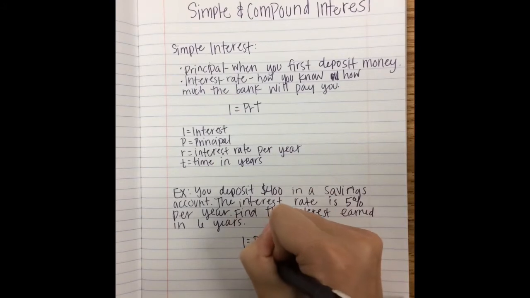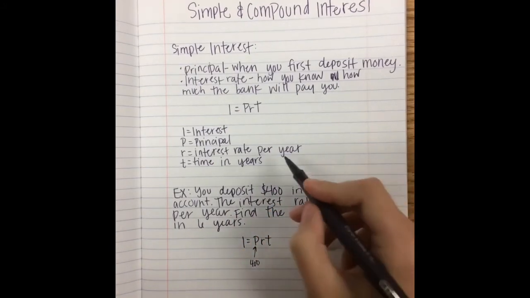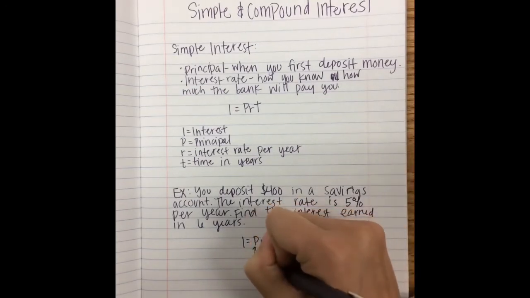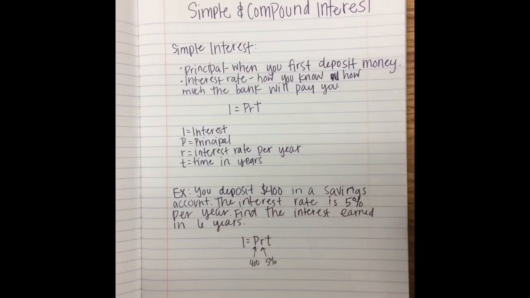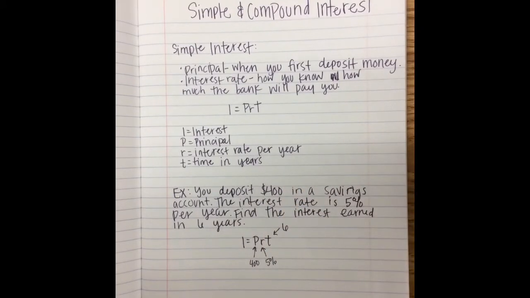So the principal is 400. R is the interest rate, so that is going to be the percentage, 5%. And T, for time in years, you want to know how much interest you earn in 6 years. So that should be 6. Okay?